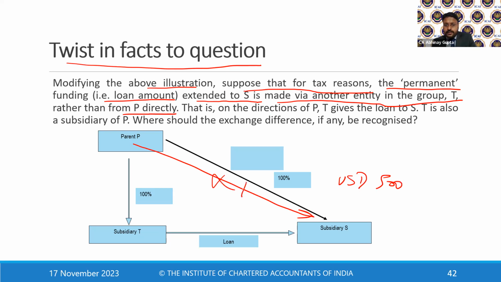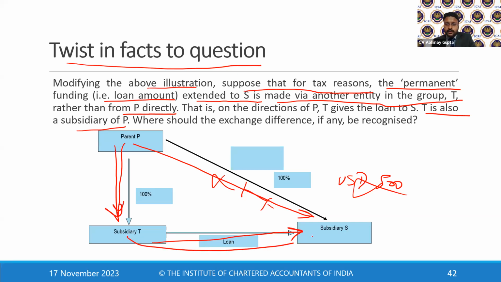Now they are not giving directly. The parent is giving to subsidiary T and T is giving that loan to subsidiary S of the parent, right? T is also a subsidiary of P only. So the parent is giving to another subsidiary and this subsidiary is giving to S, which is also a subsidiary of the parent. Where should the exchange difference, if any, be recognized in this question?